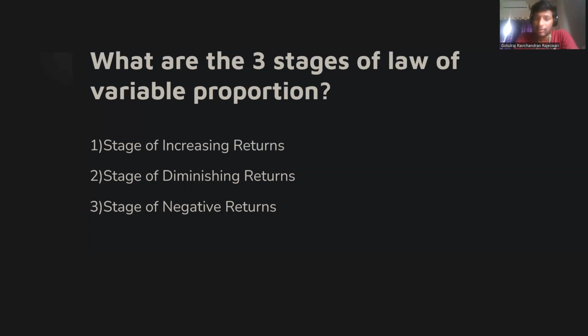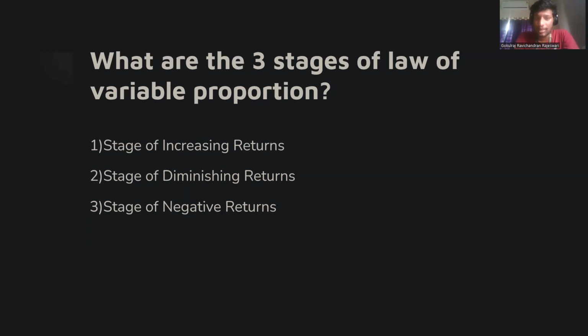And as more variable inputs are added, they may experience diminishing productivity and reduction in efficiency. This could be due to factors like overcrowding, limited access to resources, or reduced efficiency of these variable inputs. Despite diminishing returns, the total output continues to increase, but at a decreased rate in this stage.